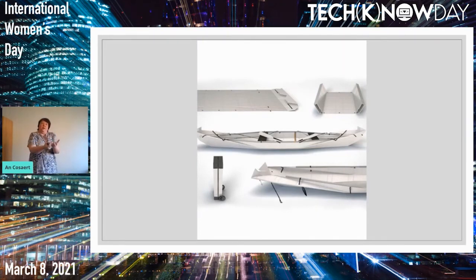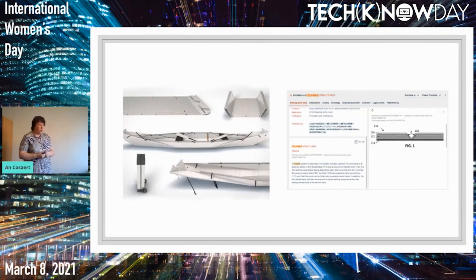Now if I ask you, based upon what I've been telling you about patents and scalability, since both companies took a patent, what patent should you expect from these companies? Well, for the foldable canoe, if you look in the patent, they dedicated their patent not to a foldable canoe, but to a foldable structure, the foldable plastic, and you could use it for a canoe, but you could use it for anything else.